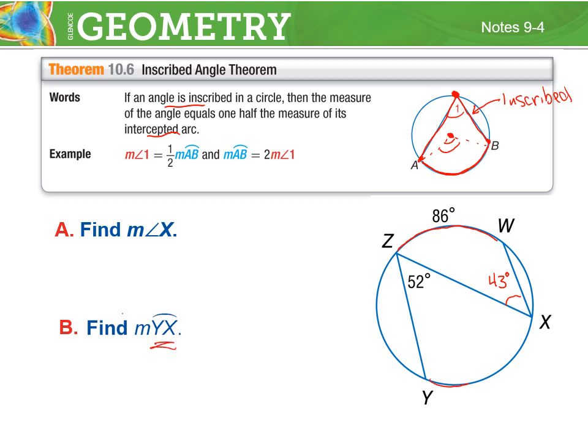Arc xy is intercepted by this inscribed angle, and the measure of this arc is 104 degrees. So this is 43 degrees and this is 104 degrees.